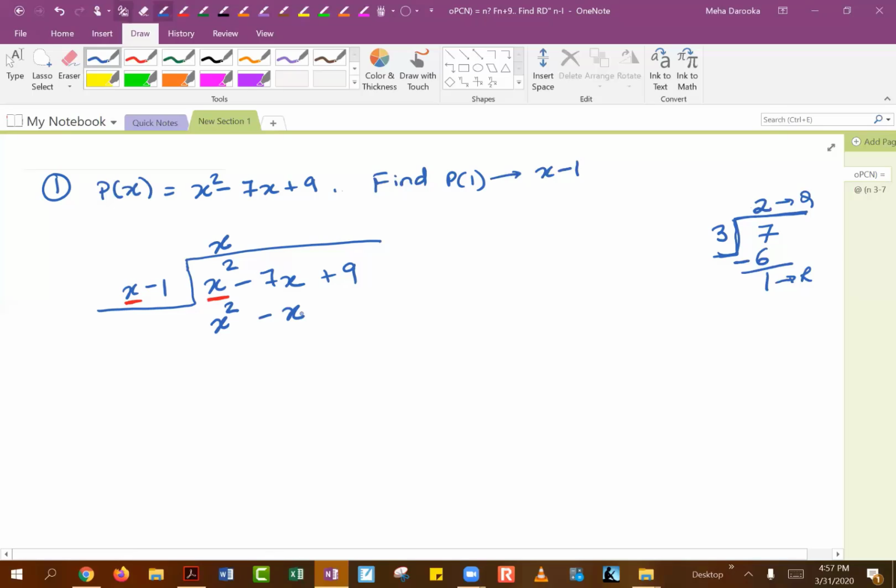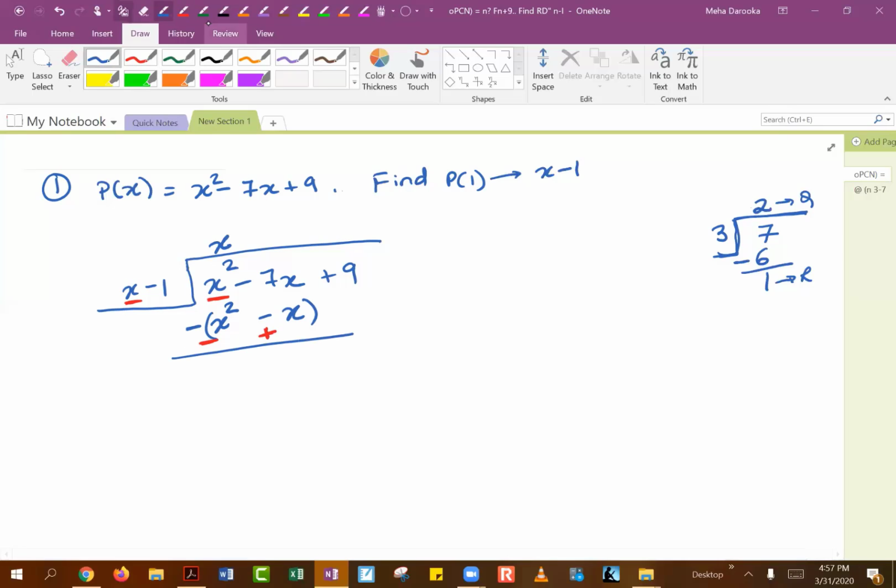But then remember, in division, when you're doing long division, we need to subtract both of these numbers. So that means my positive x squared will actually end up becoming negative, and my negative x will end up becoming positive here.